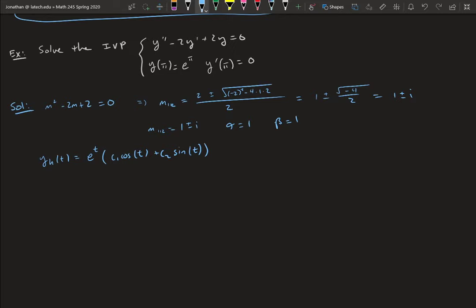So y of pi is supposed to be equal to e to the pi, and that'll be equal to e to the pi times c1 cosine of pi plus c2 sine of pi.